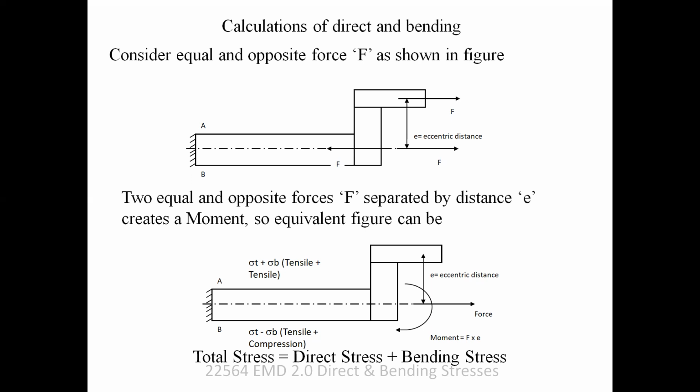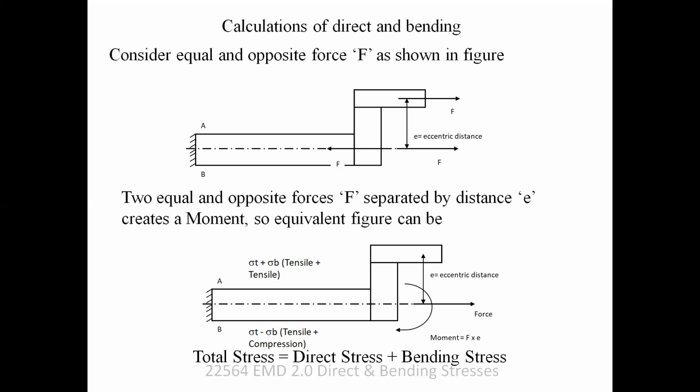So if I assume tension as positive, bending tension as positive, and compression as negative, then it is sigma T minus sigma B compression. There is tension plus compression, that's why there is a negative.